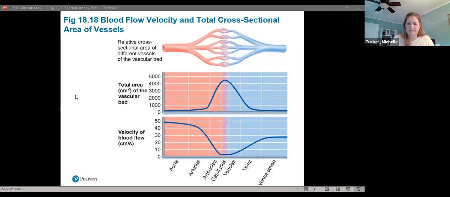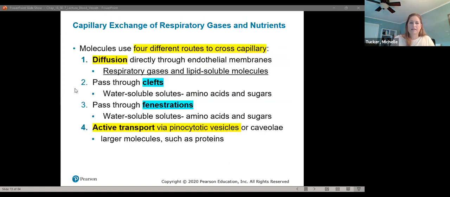How do molecules move across the capillary? So right now we're going to look at molecules because we're moving on to fluid. So your book says 4 different routes. To me, 2 and 3 are about the same, but the 4 different routes are diffusion, simple diffusion directly through the endothelial membranes.